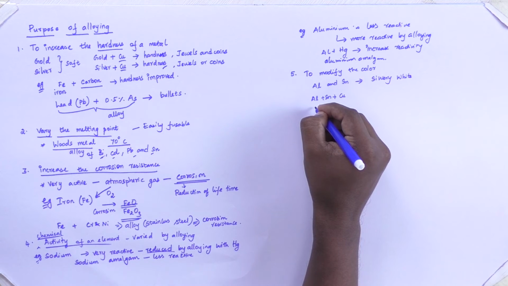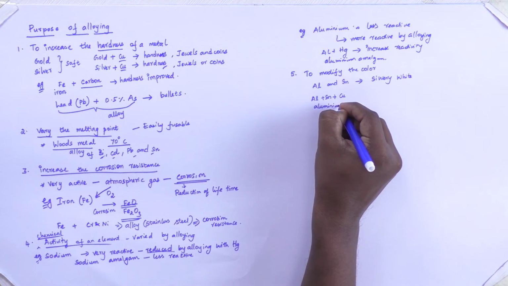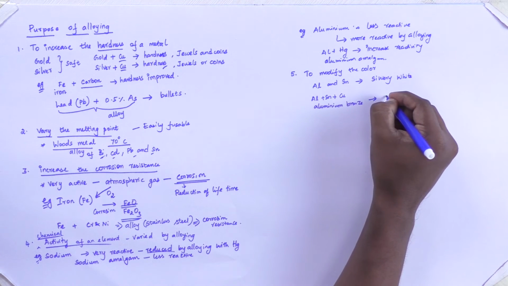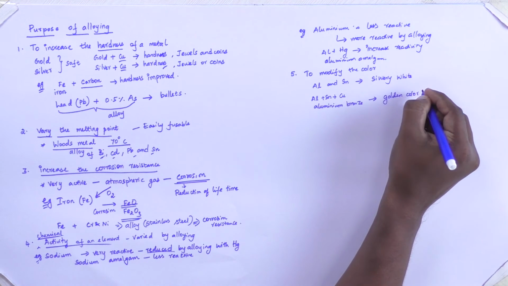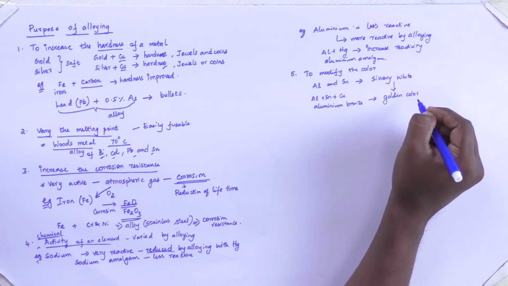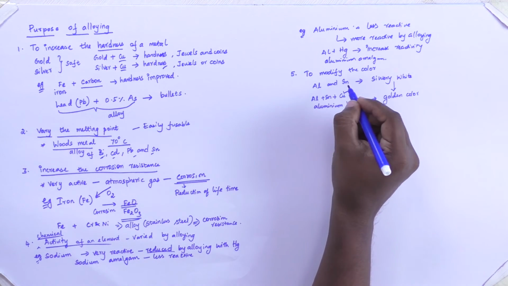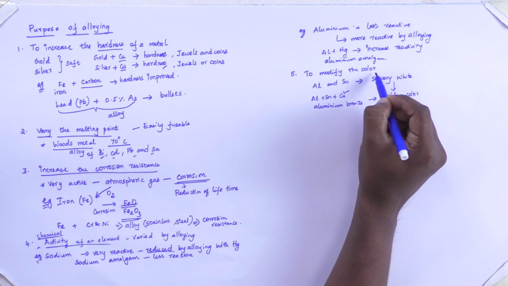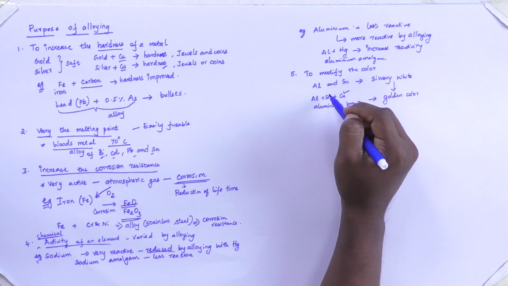So this will make aluminium bronze. So the color of aluminium bronze is golden color. Thereby we change the color from silvery white to golden color just by adding copper to this mixture of aluminium and tin. So we can modify the color of any element by adding some element to them.